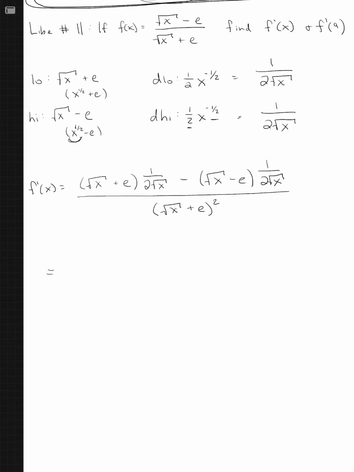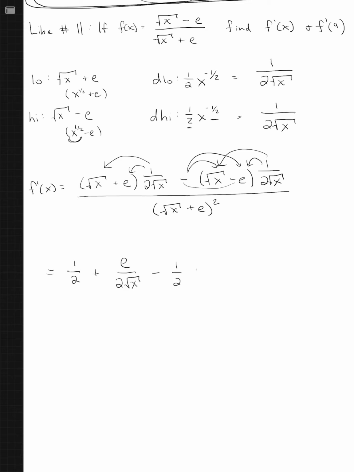And we can simplify this a little bit, right? When I multiply this through, I get 1/2 plus e over 2 square roots of x, right? Minus, multiply this through, I get 1/2, right? So we have to multiply both pieces through.